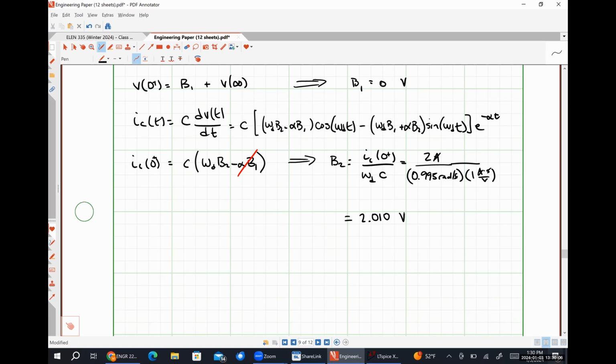From here, IC of t is going to be C times omega D B2 cosine omega d t minus C times alpha B1. Nope, alpha B2, sorry.